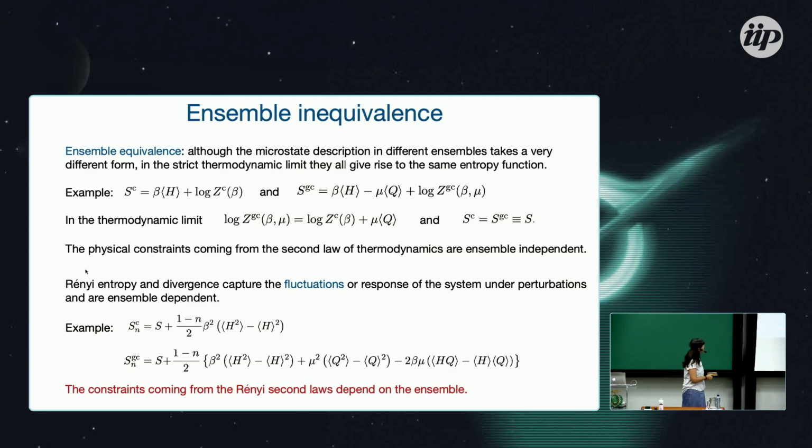We see immediately that the first order corrections are different, because they depend on variances, so they differ. And that's true for all higher corrections. So the very important point is that all constraints that come from these Renyi extensions of the second law are ensemble dependent. And this is not something that we are usually familiar with.